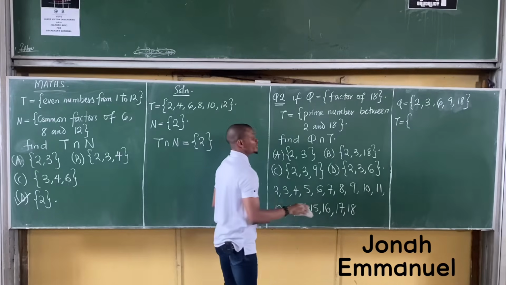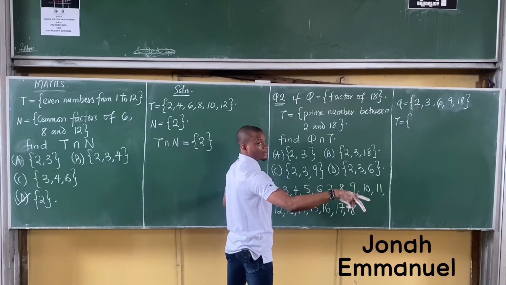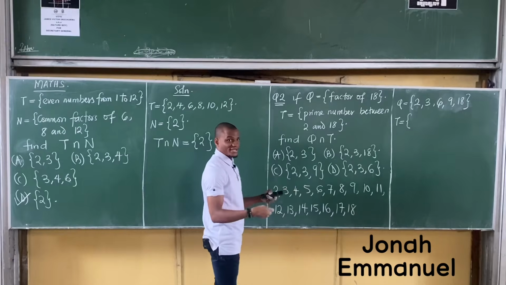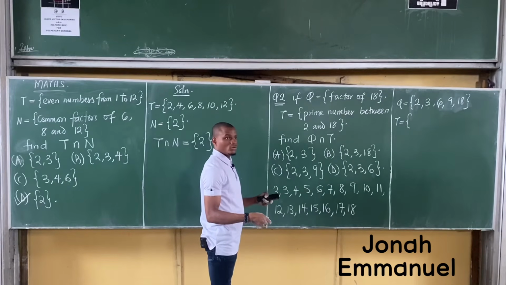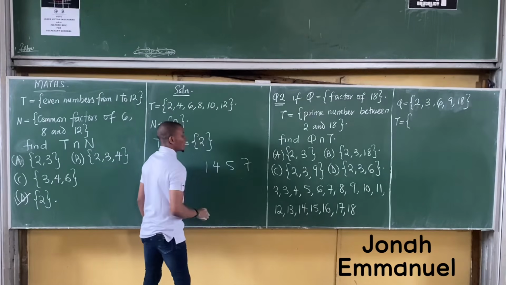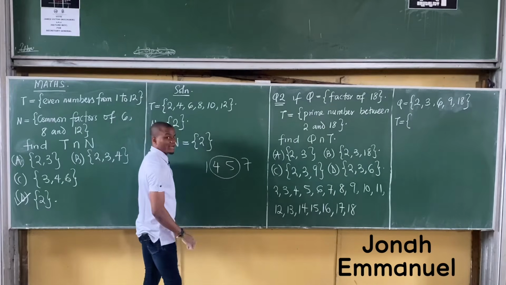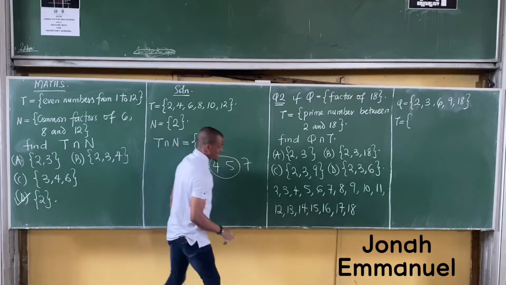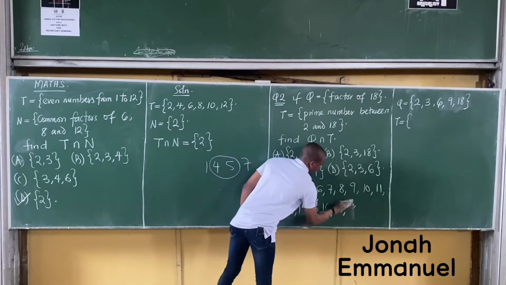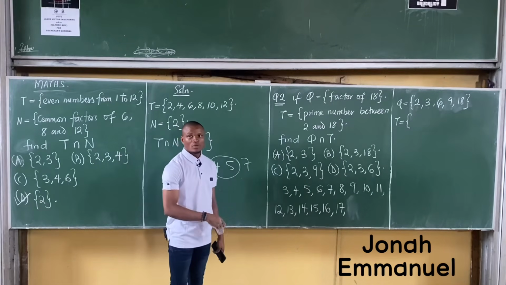If I'm considering numbers between 2 and 18, will I include 2 and 18? No. In other words, after listing out 2 to 18, I will take off 2. I will take off 18. These are the numbers between 2 and 18.